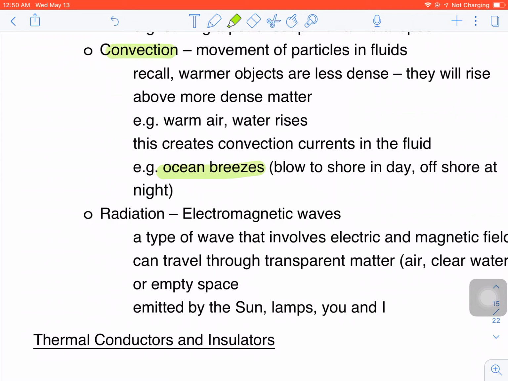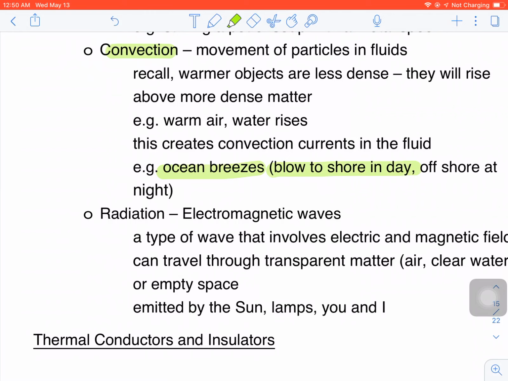And what that does is it creates a gap on the beach where that air has risen, and it pulls air in from over the water. And as it does so, the air over the land rises, the air over the water comes to fill it in, and then we end up with a breeze that's blowing onto the shore during the daytime, and then the opposite happens at night. And again, the textbook spends a bit of time. You may want to have a look at that.